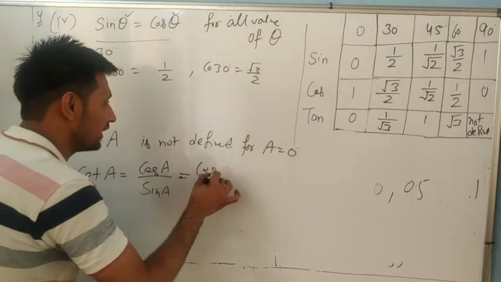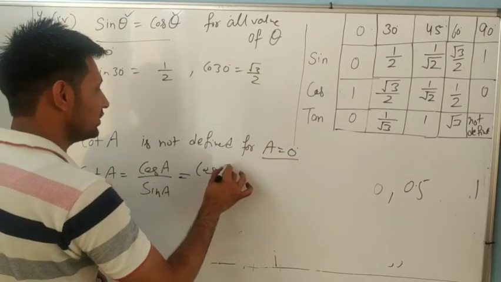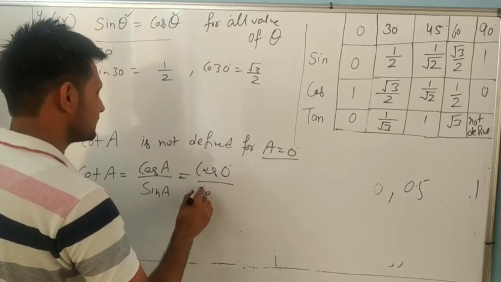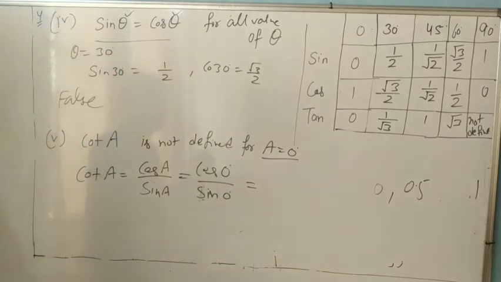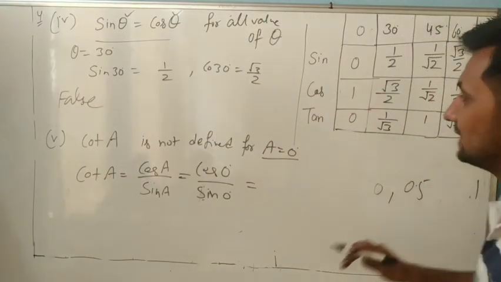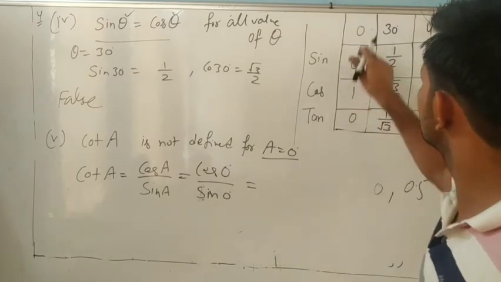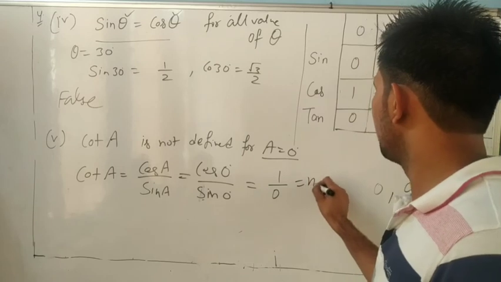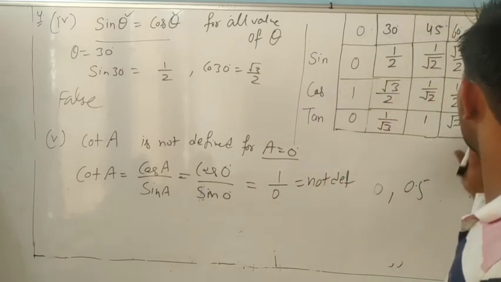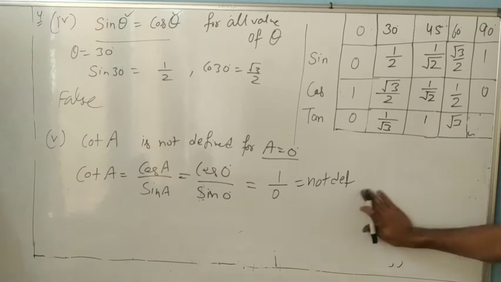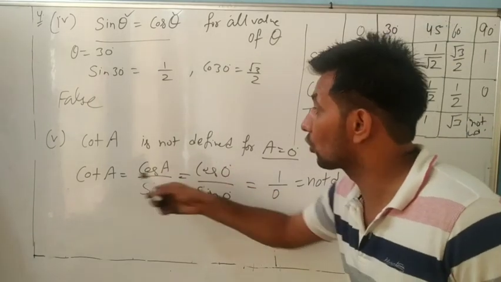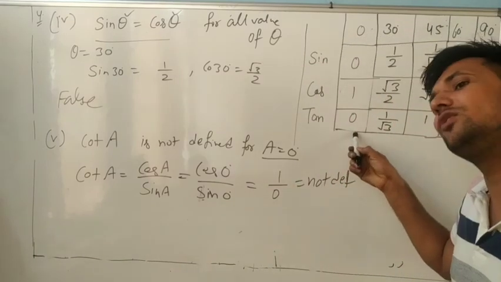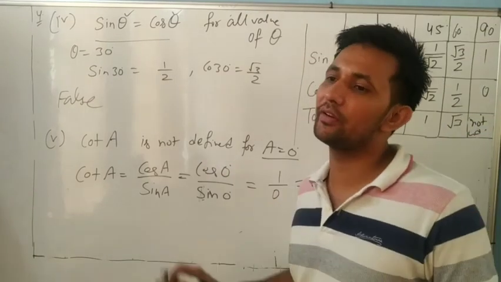For A equal to 0, cos 0 is 1 and sin 0 is 0, so it is 1 upon 0. It is not defined. So cot 0 is not defined. Yes, it is true.